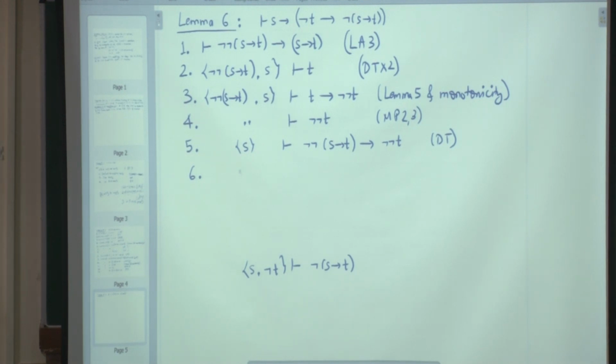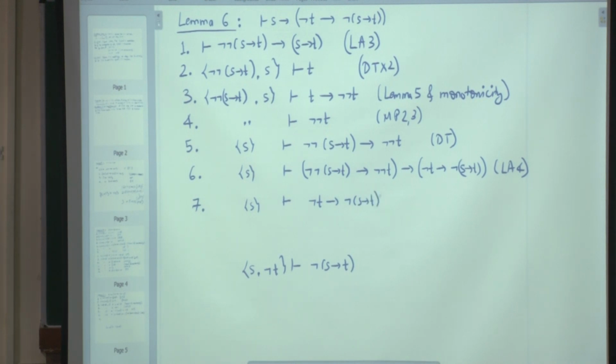Okay, good. Okay, then seventh. This is just MP on the previous two lines, and then you simply have to use DT.